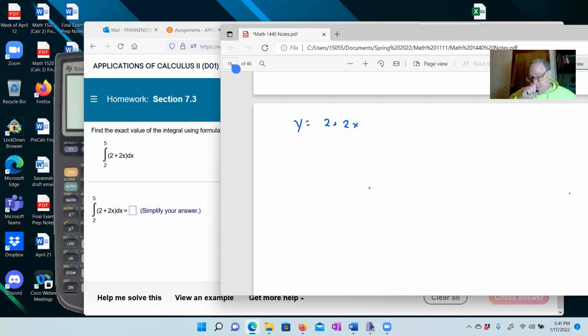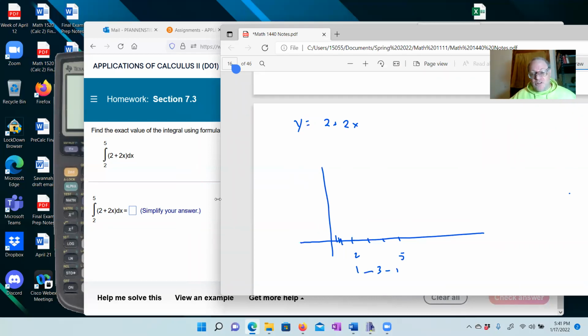Let's graph the line. Where are we going from? 2 to 5. So what's the distance here? That's 3. So 3 from 2 to 5.